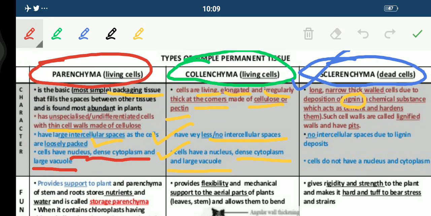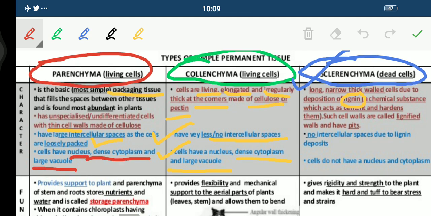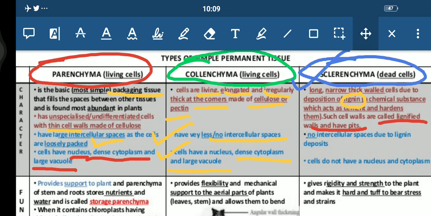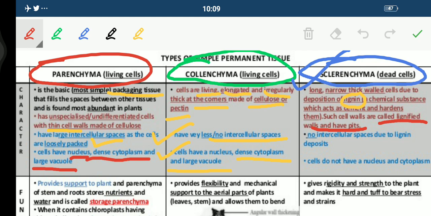Next, students, one more point is left here. Such cell walls are called lignified walls and have pits in them that I have already shown you. Look here. Fine, they have the lignified thick wall, you can see, and a narrow lumen is present. Next, students, no intercellular space due to lignin deposition.